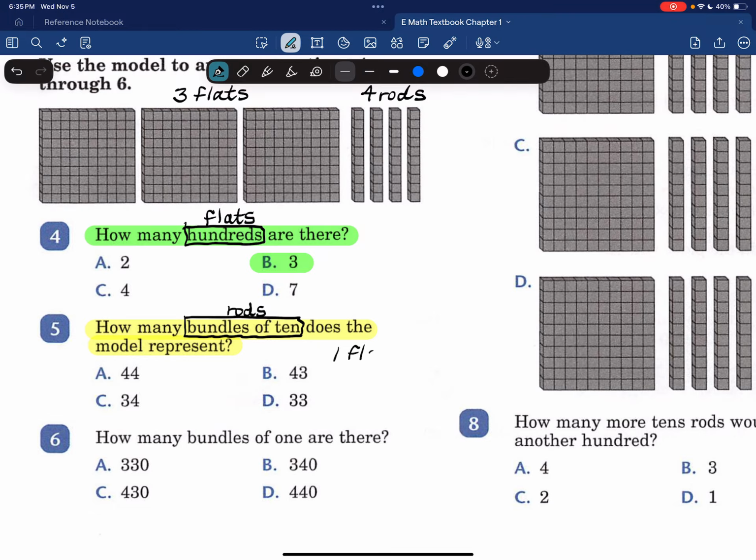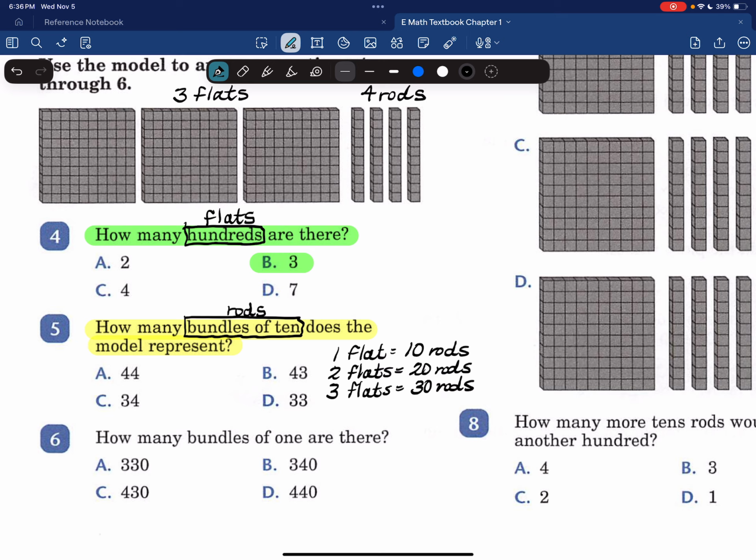So if one flat is 10 rods, 2 flats would be 20 rods, and 3 flats, which is what we're looking at there in that picture, is equal to 30 rods.